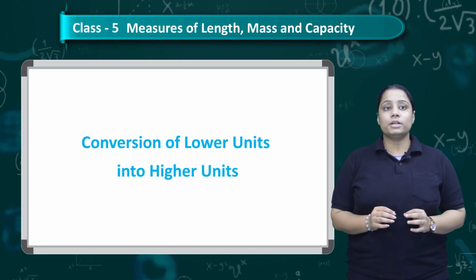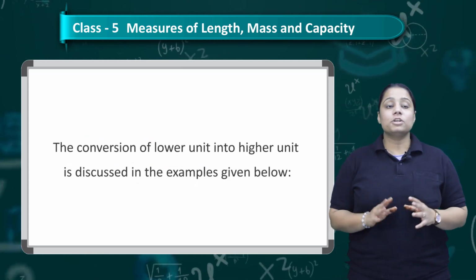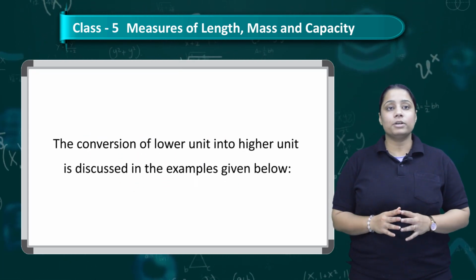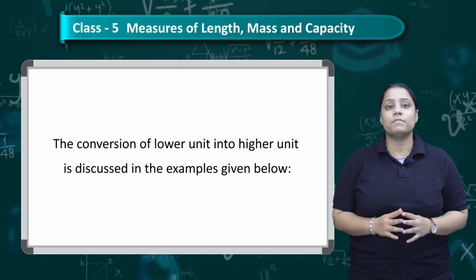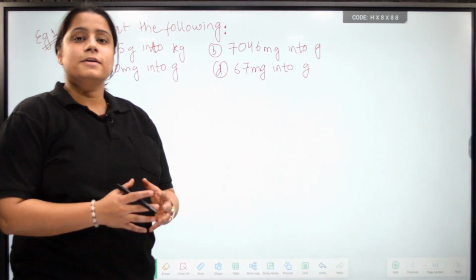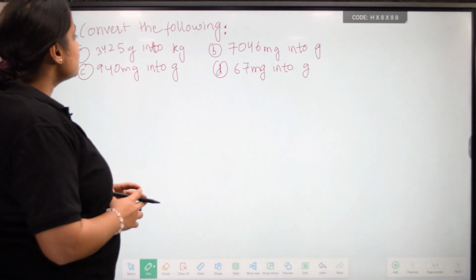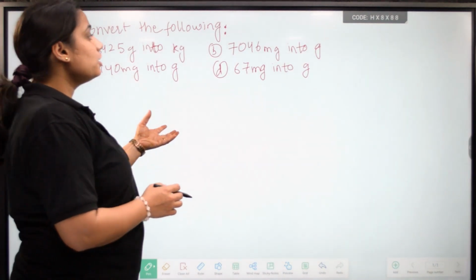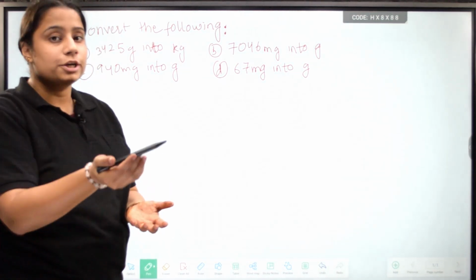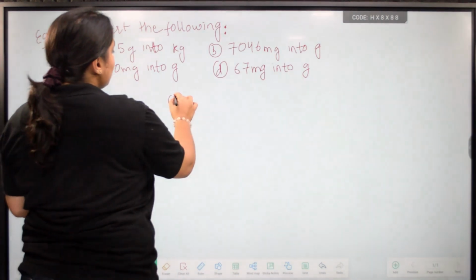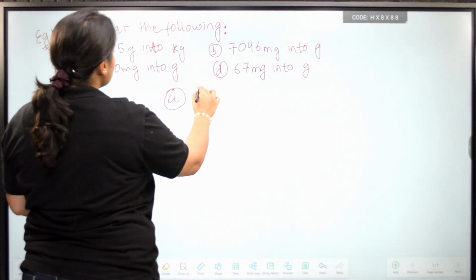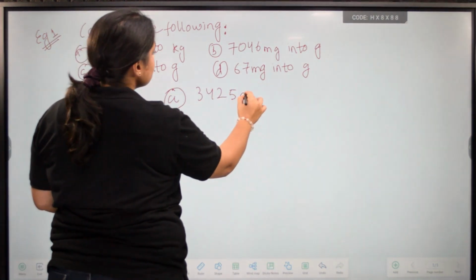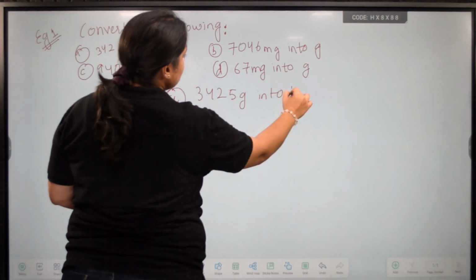Conversion of lower units into higher units. The conversion of lower unit into higher unit is discussed in the examples given below. Example 1, convert the following. In this we can see that we have to convert from a lower unit to a higher unit. Let's see part A, 3425 grams into kg.